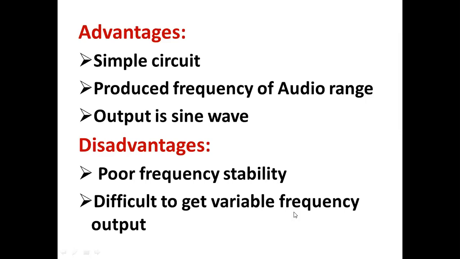Therefore, it is advisable to change the value of the capacitor instead of the value of the resistor. So it is very difficult to get variable frequency at the output. So these are the advantages and disadvantages offered by the RC phase shift network using op-amp.